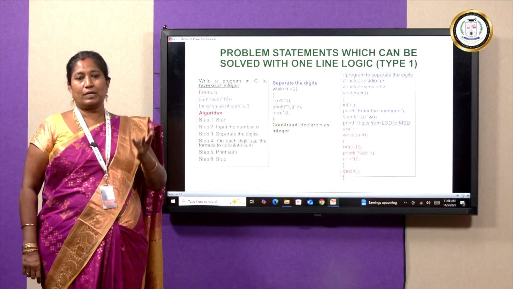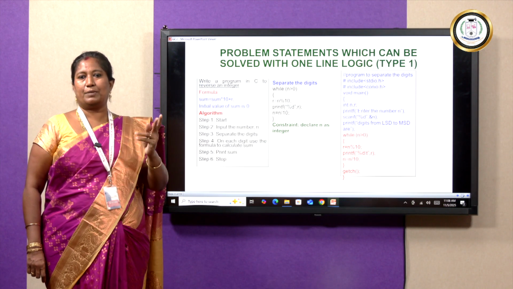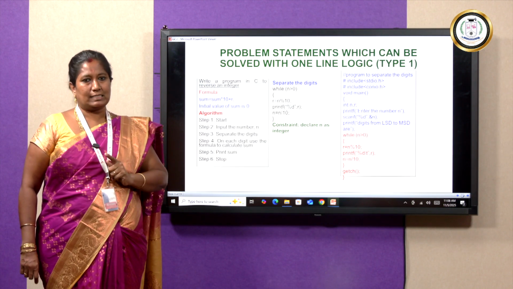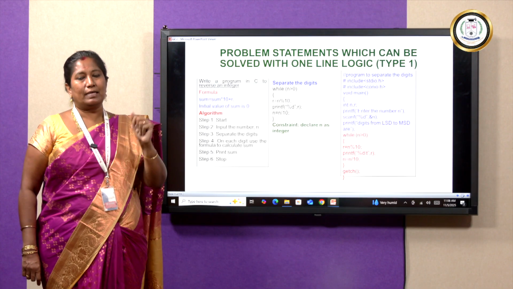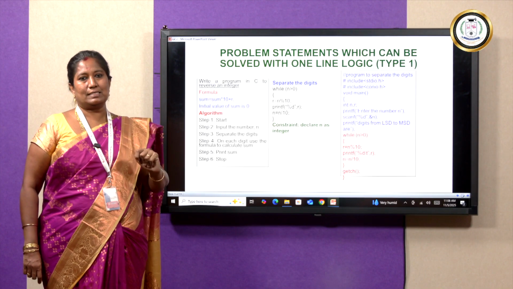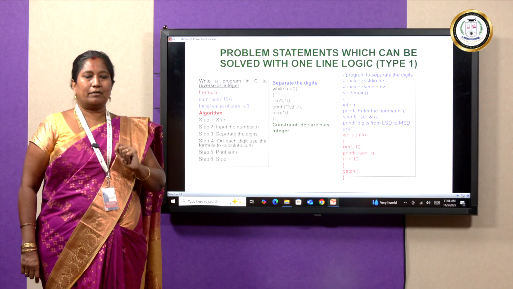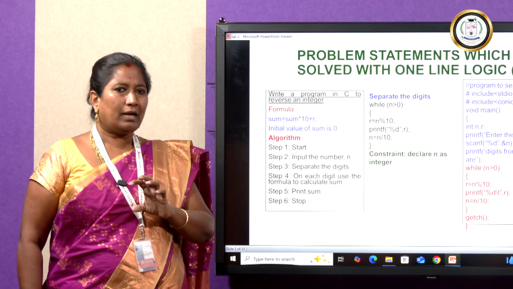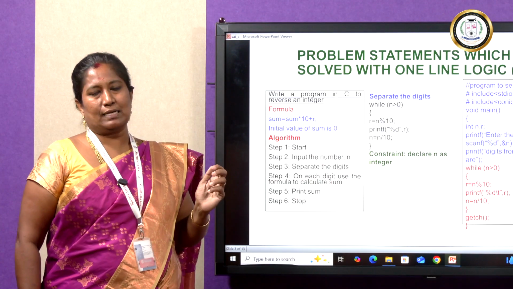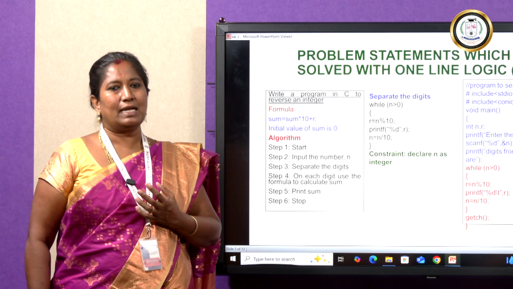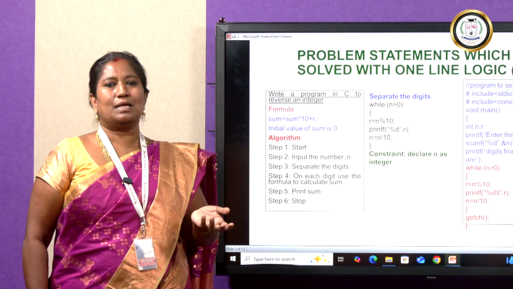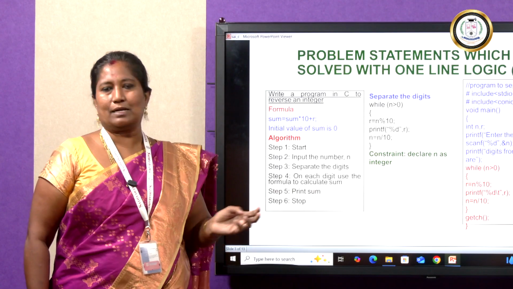In C, you have 3 types of looping statements: for statement, while statement, and do while statement. In conditional statements, you have the if statement, if else statement, and then the switch case statement. So the prerequisite before seeing my presentation is that you learn the syntax for all these statements, or you can refer to a C programming book, get the syntax and write it.